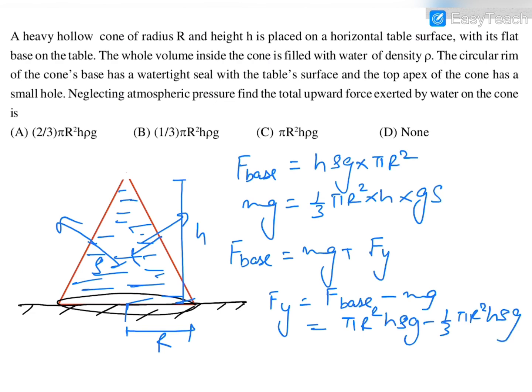So it is 2 by 3 pi r square h rho g. This is the force exerted by the liquid in the upward direction on the walls of the container. So A option is correct.